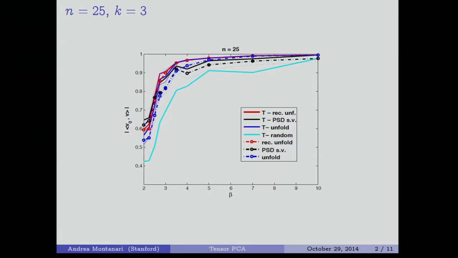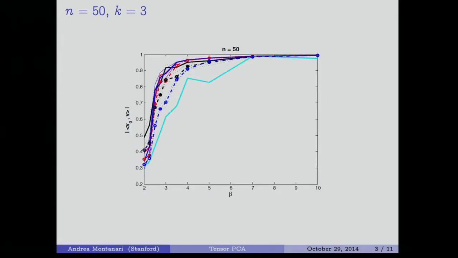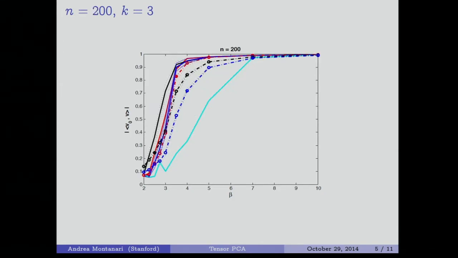Here we initialize power iteration with unfolding, etc. As you see, they work when beta is big enough. These work a little bit more poorly, and then we increase n to 50, then 100, and then 200. The theory is okay in the sense that it prescribes that all of these have unfolding as initialization and should have roughly the same behavior. There are changes here, but roughly the same behavior.